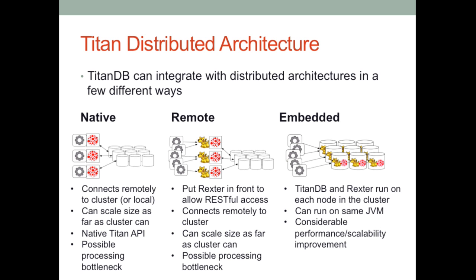So for the architecture, there are a few ways that you can plug this in, and they categorize this as native, remote, and embedded. With native, it's going to run right alongside your application, and then it's just going to have a connection pointing to Cassandra.